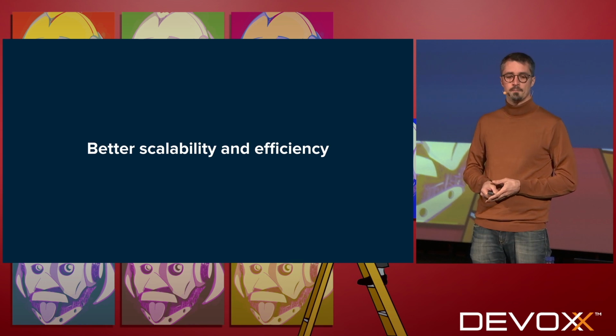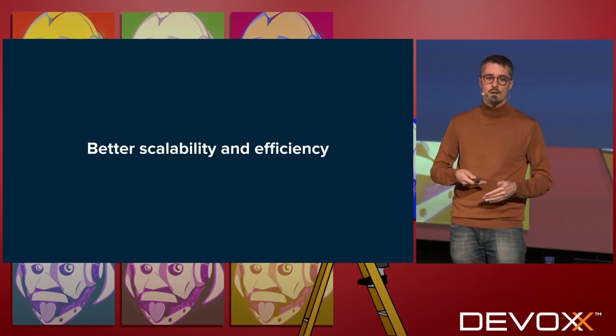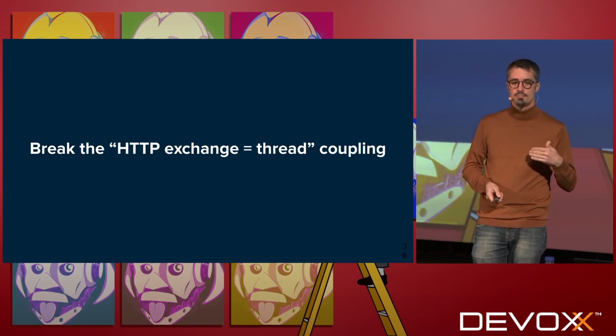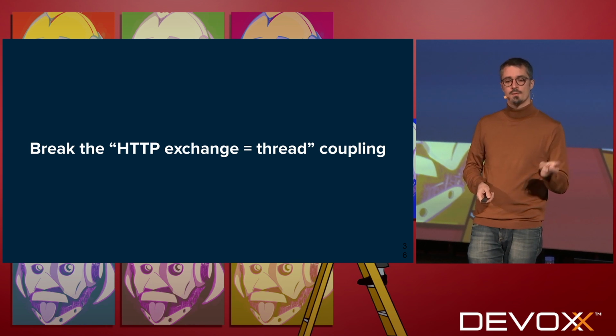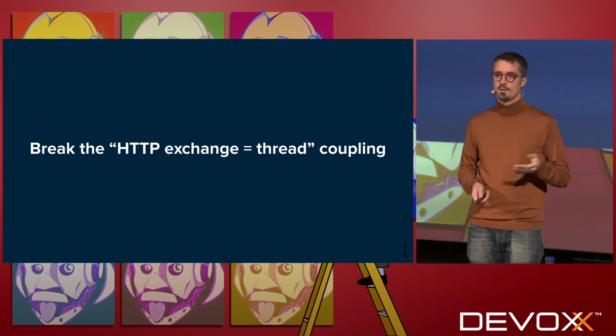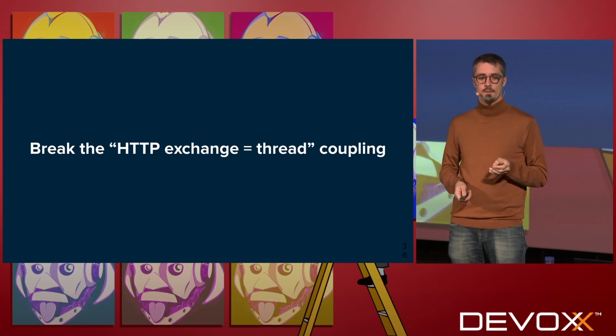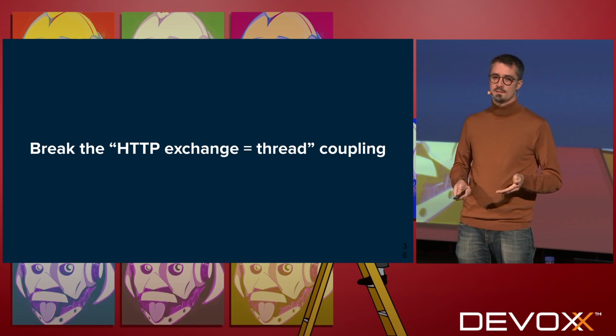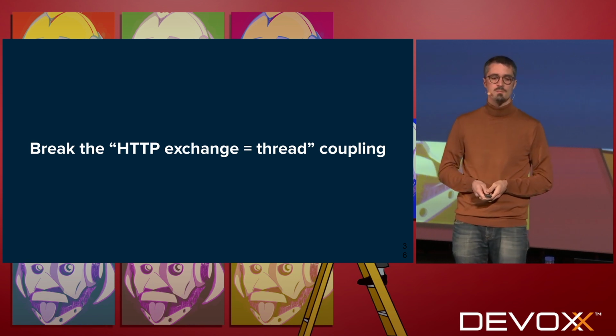And with WebFlux, based on the native runtime, we are more scalable and more efficient. We try to break this HTTP exchange equals thread coupling by being able to process a lot of HTTP exchanges in parallel with just a few threads, and that's possible with less memory consumption.